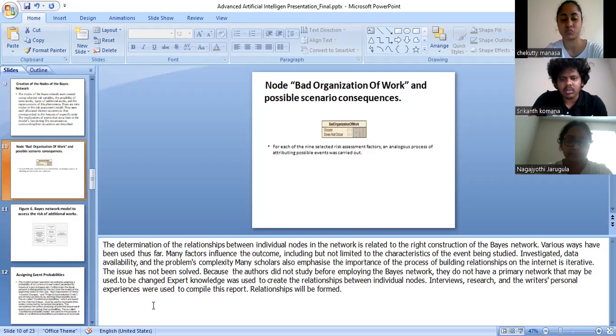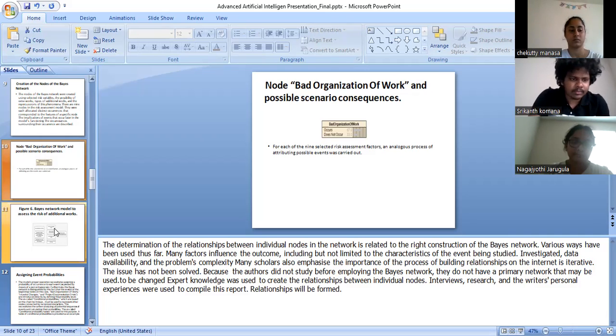Many scholars also emphasize that the process of building relationships in the network is iterative and can be changed. Expert knowledge was used to create the relationships between individual nodes. Interviews, research, and the writers' personal experience were used to compile this. Relationships will be formed.